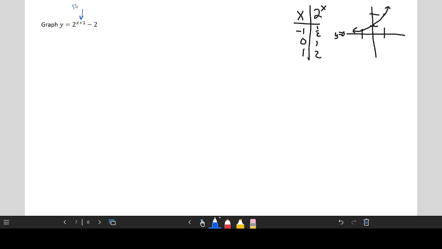So that's going to shift it to the left 1. And then subtracting 2 is not happening with x, it's outside the original function. So that's going to be a vertical shift. That's going to be a shift down 2.